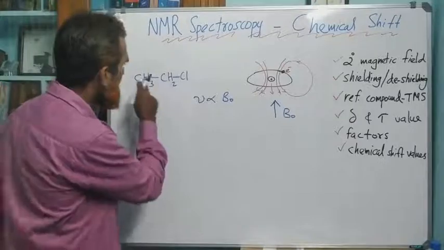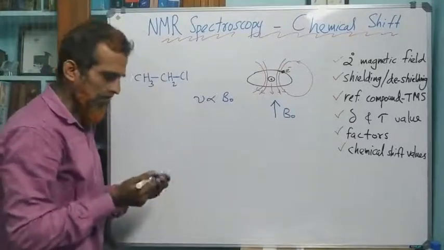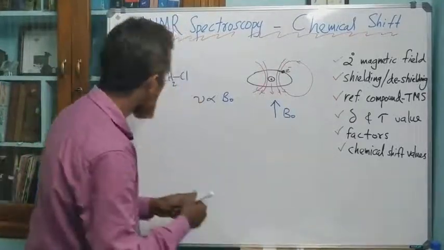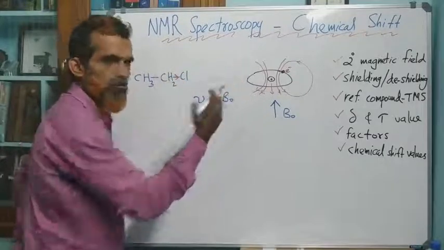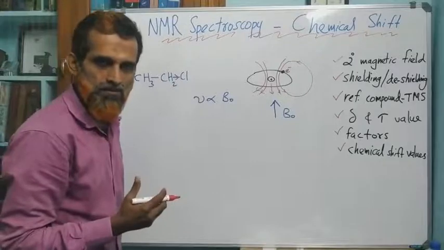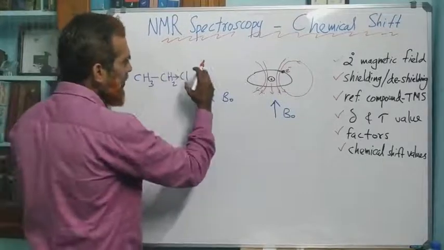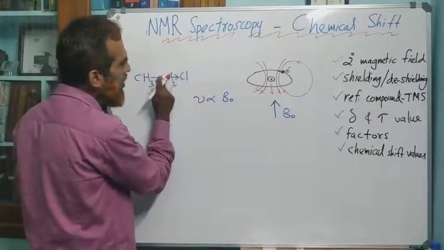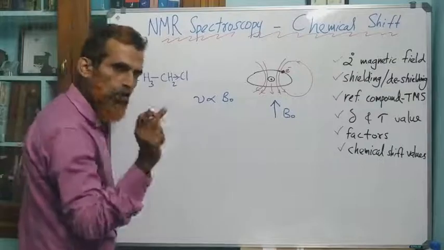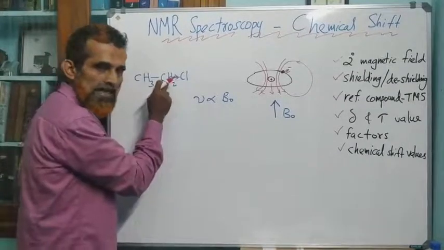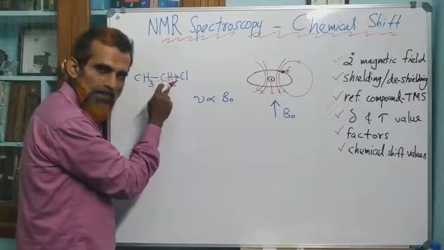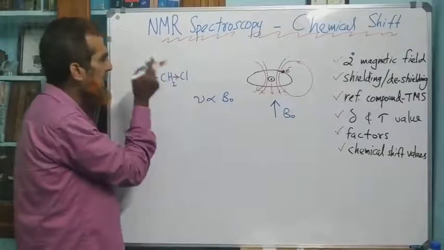signals. See, in this molecule chloroethane, chlorine is highly electronegative, and withdraws electrons towards it by inductive effect, minus I effect. So, electron density around CH2 will be much lower than that around CH3. So here, secondary field generated will be lower because electron density is less, and here it will be more.